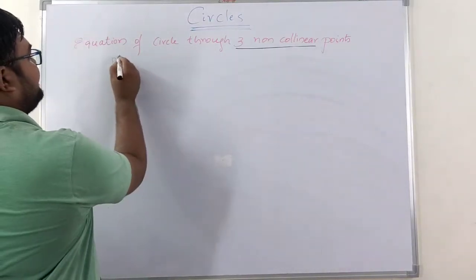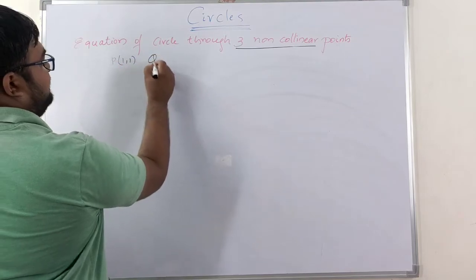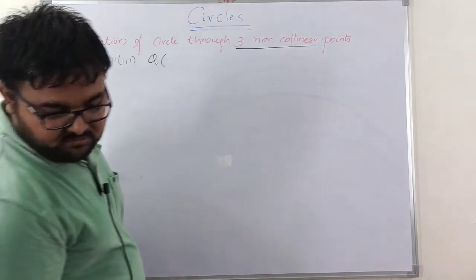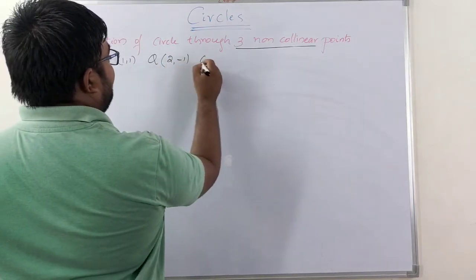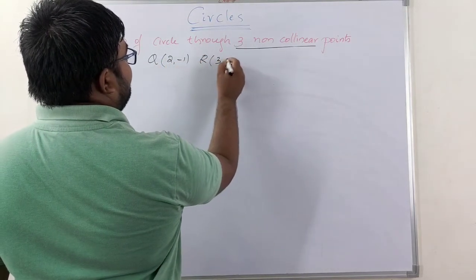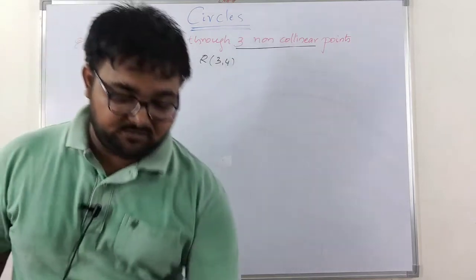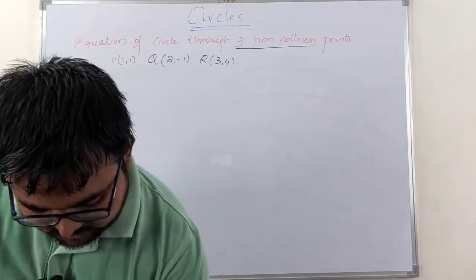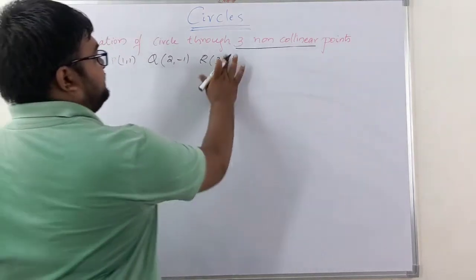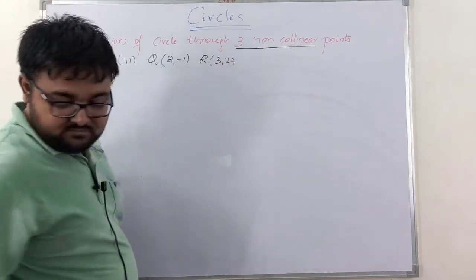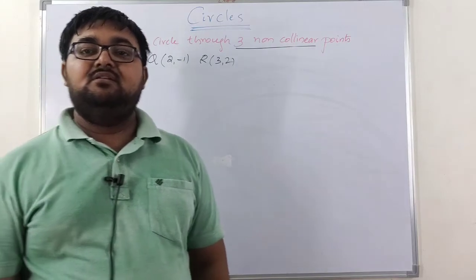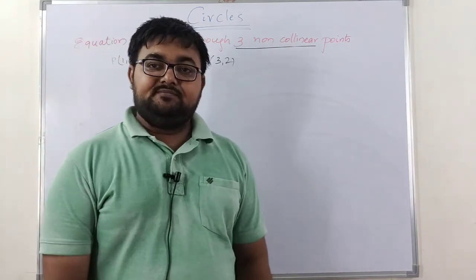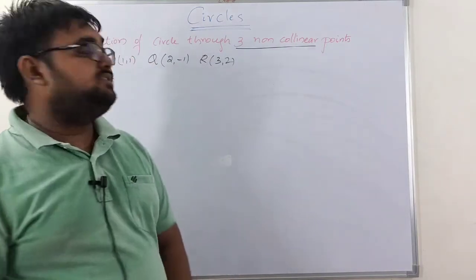The points are given as P 1 comma 1, Q 2 comma minus 1 and R is 3 comma 2. Now there is one more approach by which I can find the equation of the circle. So this is my last approach.